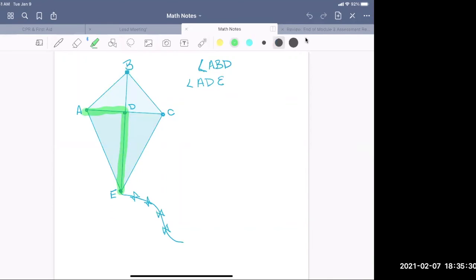We could represent angle ACE. Oh my gosh, there are so many different angles you can show on this image.